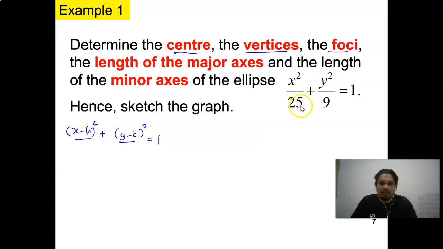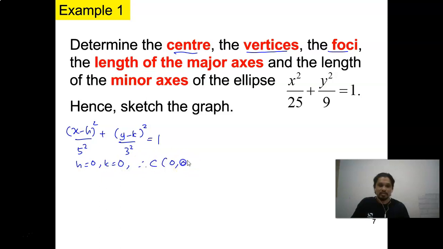It is 25, and 25 is 5 squared, right? And 9 is 3 squared. So what is the center of this ellipse? It is h equals 0, k equals 0, so the center is (0, 0).